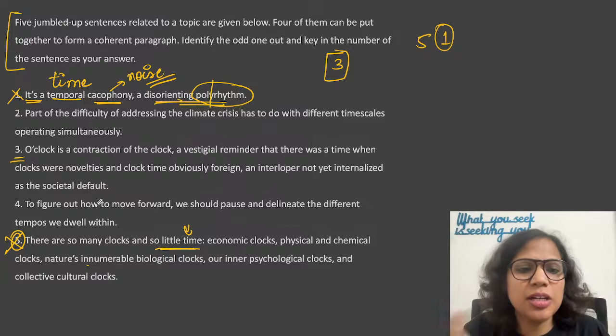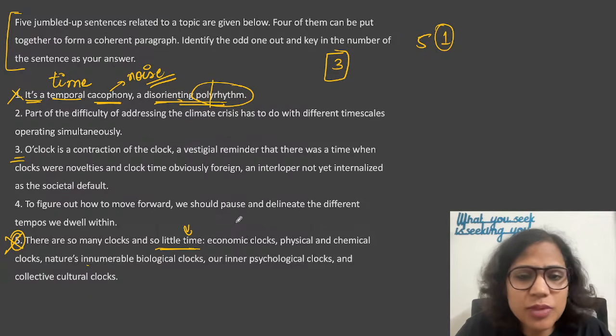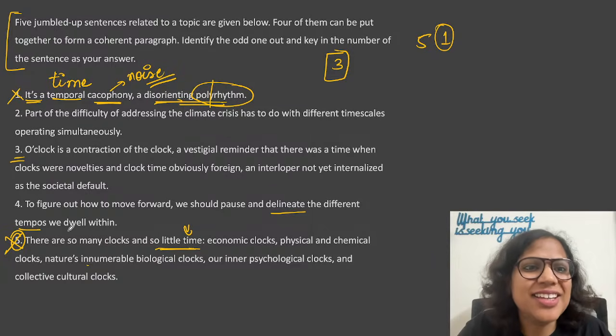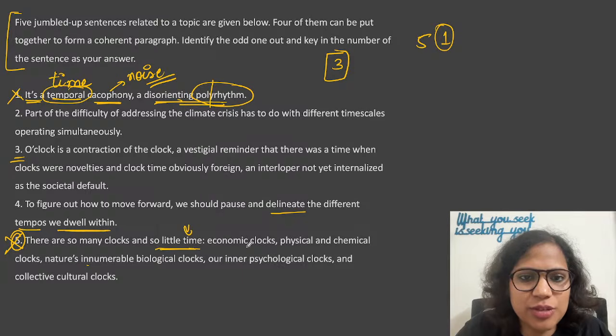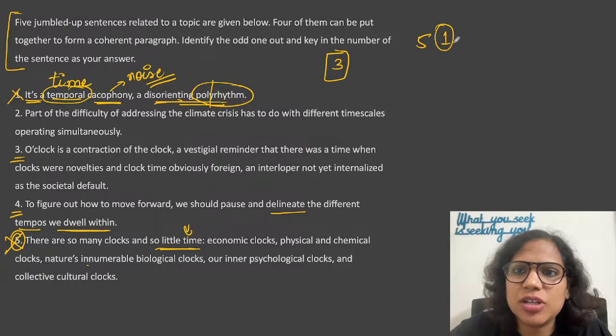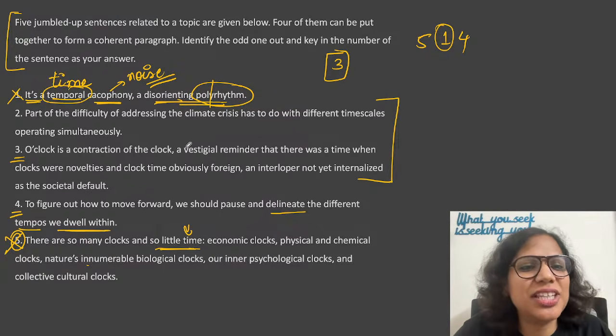All right. Now, it says to figure out how to move forward, we should pause and express the different tempos that we dwell within. So all these different tempos, all these different temporal periods, right? So this also seems related. So it comes down to 2 and 3.